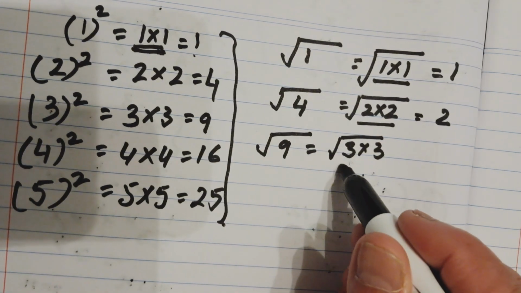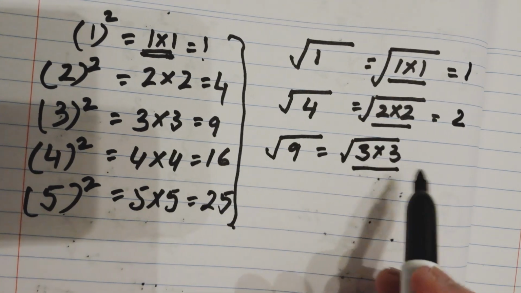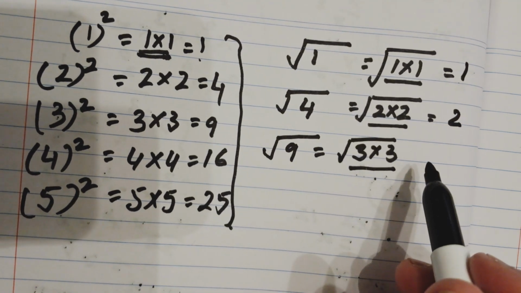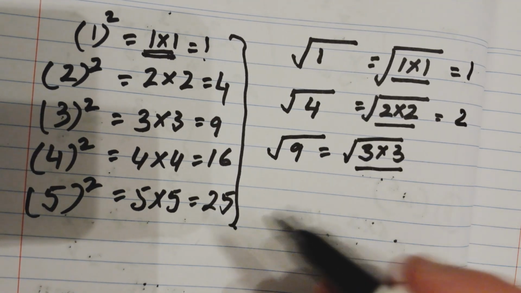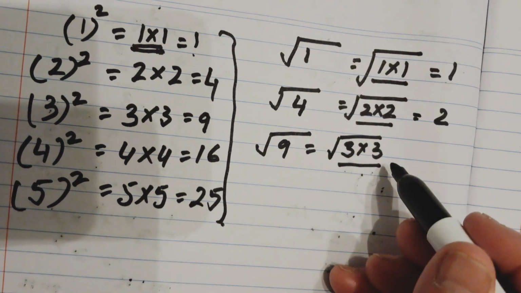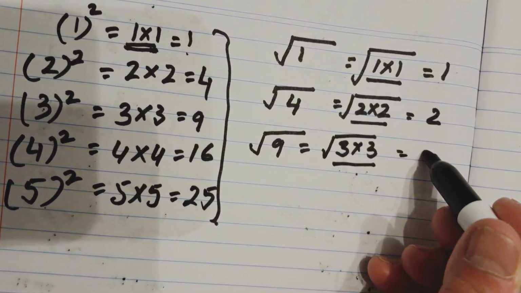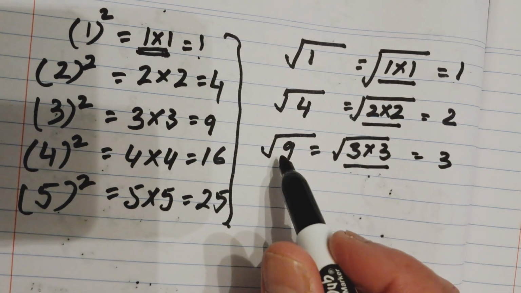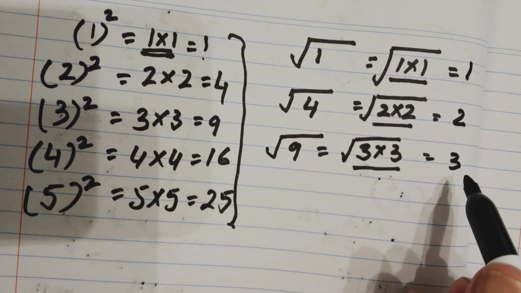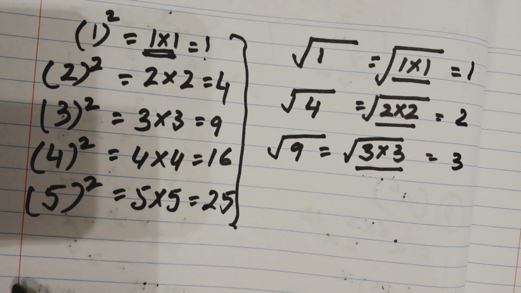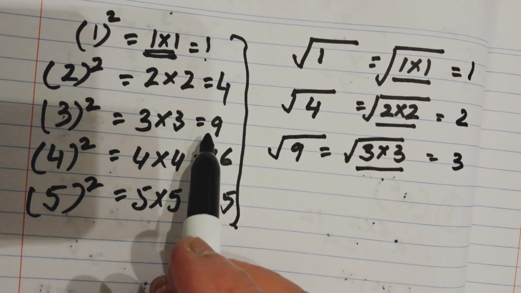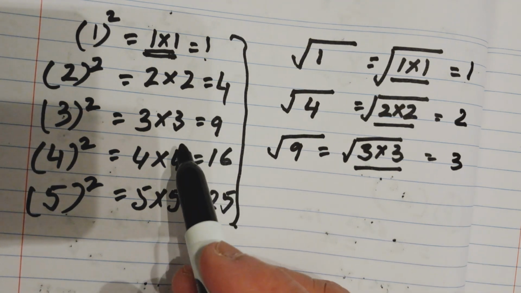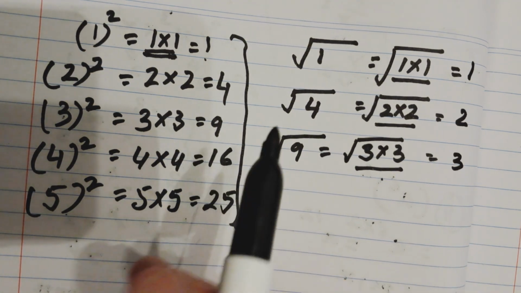This is the pair, same numbers: 3 multiplied by 3, 4 multiplied by 4, same numbers. From the same numbers we pick 1 as the answer. And so the square root of 9 is 3, and the square of 3 is 9. So square root is the reverse of square.